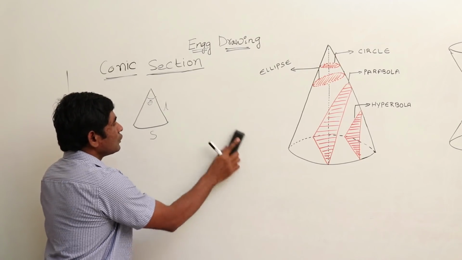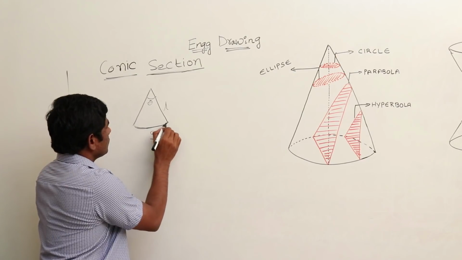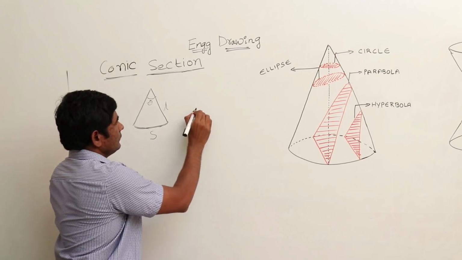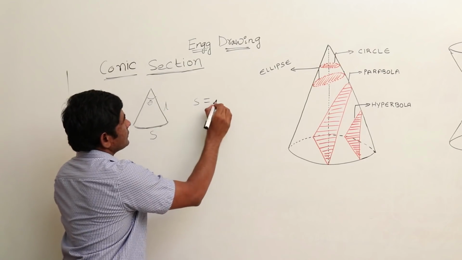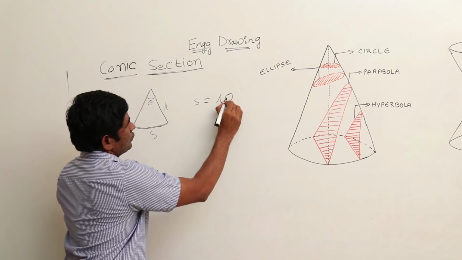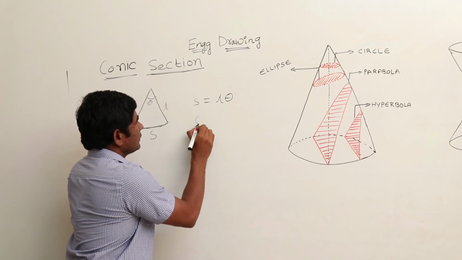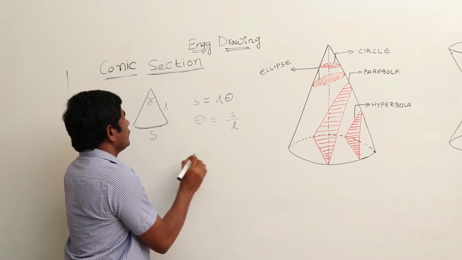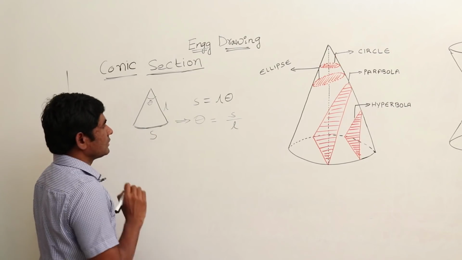The arc length S equals L into theta. So if you want to find the angle theta, then theta equals S by L. This is the relation we deduced only by using the sector.